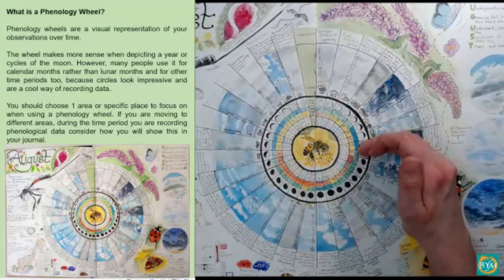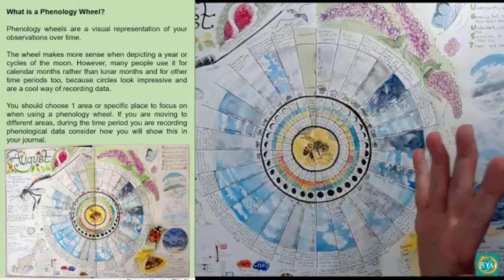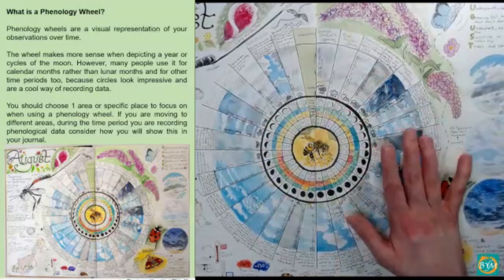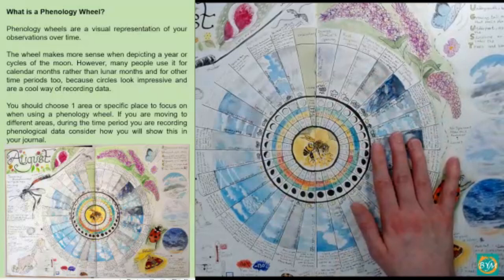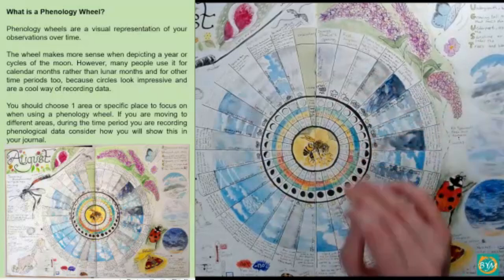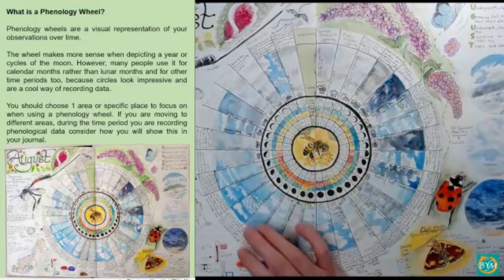It would make a bit more sense if we were actually just following the moon. But never mind. Circles are fun to use. They look impressive. And it's a cool way of recording your data. So even if it doesn't quite make sense for the shorter time periods to use a circle, we can still get away with it if you want to.